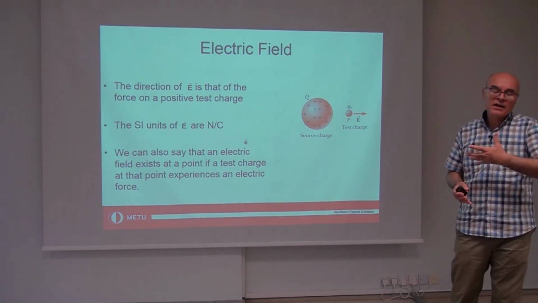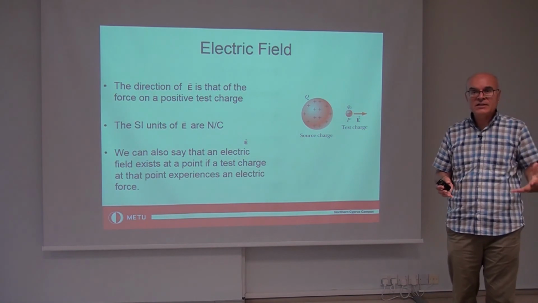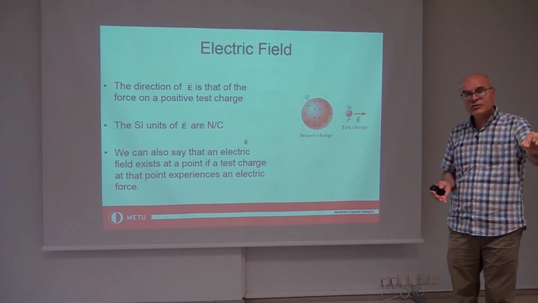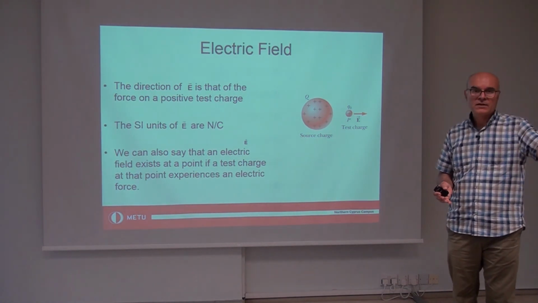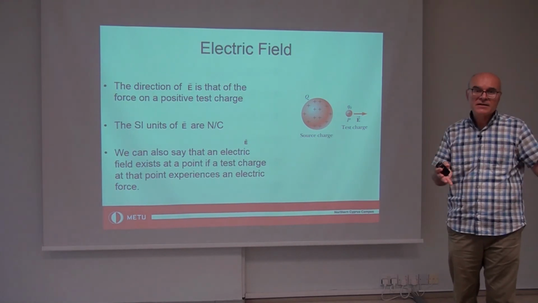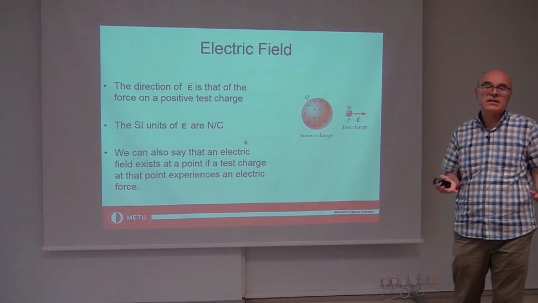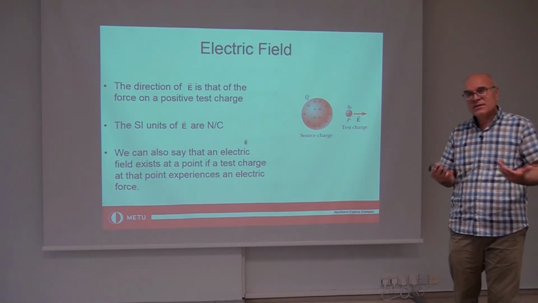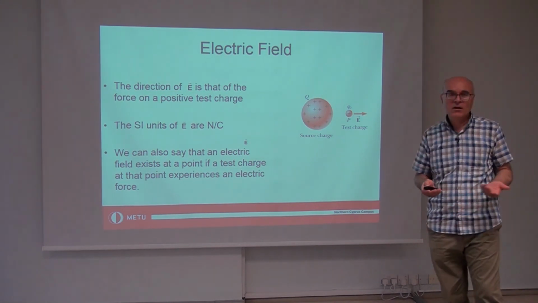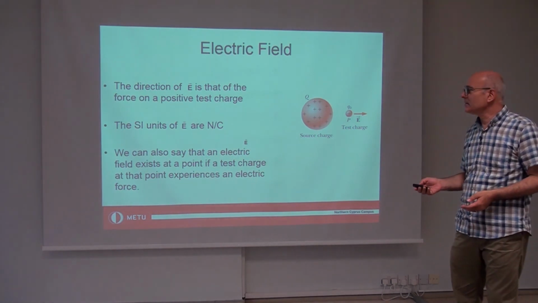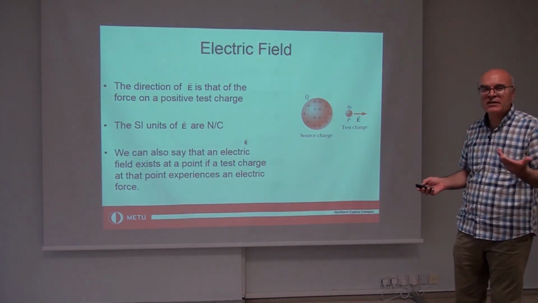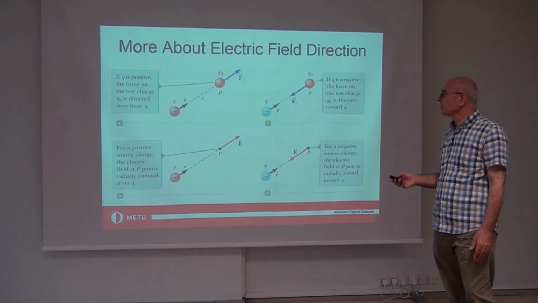You can say I have an electric field in a region of space if, when I bring a test charge there, it feels a force. In this case, that space is not really innocent free space. There is something in that space, which is the electric field. This is how we can check the presence of an electric field.